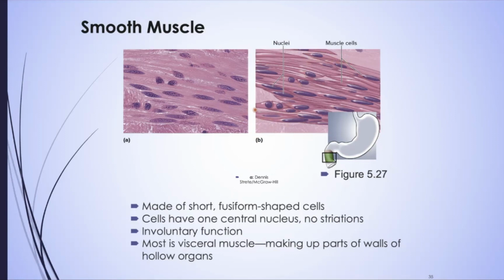So that's a dead giveaway for smooth muscle. No striations, tapers at the end, has one central nucleus, right? Involuntary functions. This is going to make up the walls of your hollow organs. This is showing you your small intestine. Your blood vessels are made up of smooth muscle also.